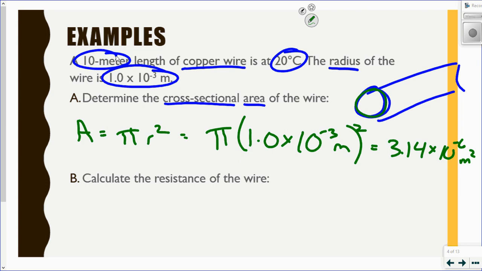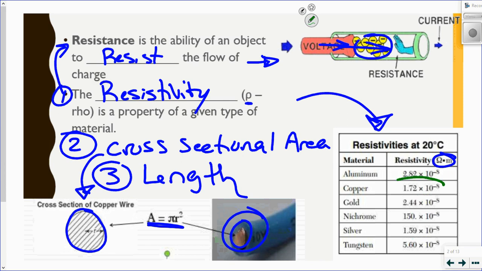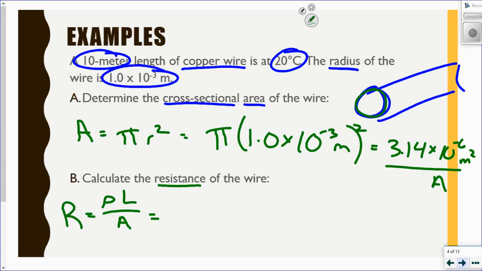Now I can take this value for the area and I can calculate the resistance of the wire. I know to solve for resistance, it's rho L over A. And since this is a copper wire, I can go back to my chart and find the resistivity for copper on the chart. I can pop that right into this equation: 1.72 times 10 to the negative 8 ohm meters.